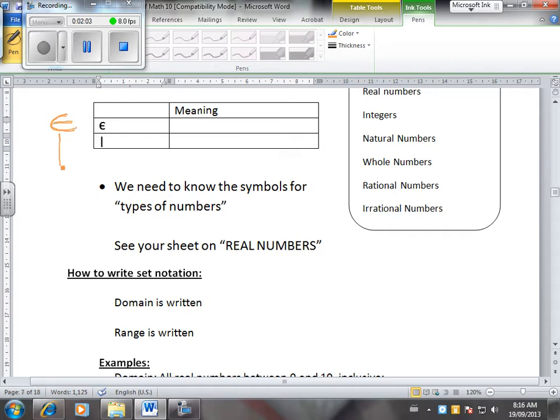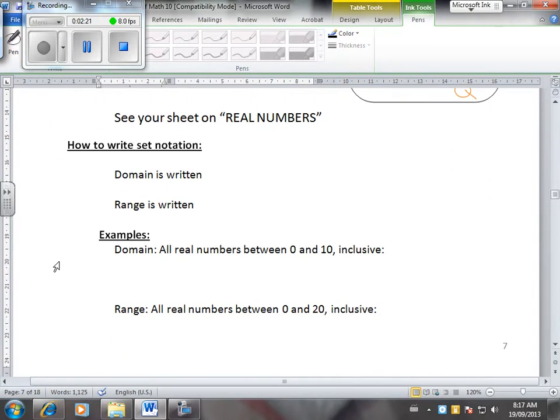And over here to denote which kind of number it is, you have real numbers, integers, natural numbers, whole numbers, and then rational and irrational. And remember that it's mainly these four that you're going to be looking at. So you can write out your set notation for domain or range. And if you're unclear on that, make sure you go through the notes and just review that again.